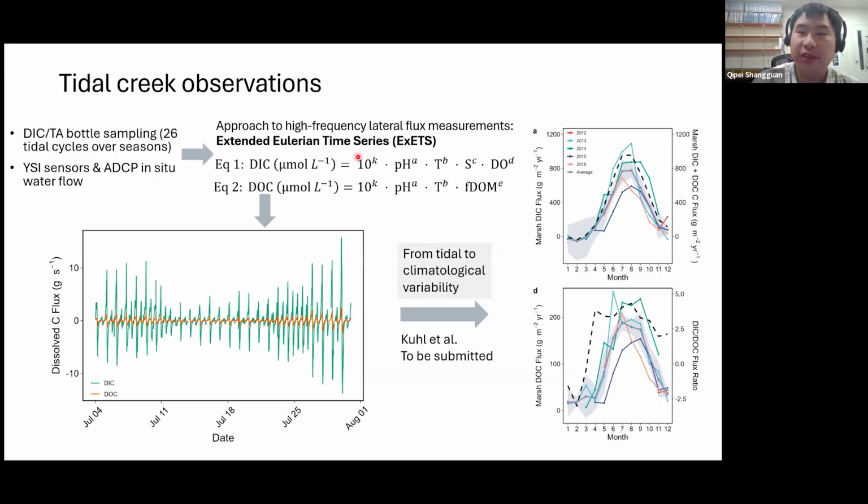We're trying to develop a statistical algorithm to predict the DIC from these variables, and the YSI parameters can be deployed at 5-minute intervals over multiple years. As you can see from the tidal flux of DIC and DOC, it's very dynamic from spring tides to neap tides. We can also calculate the interannual and monthly variations of DIC and DOC exports.